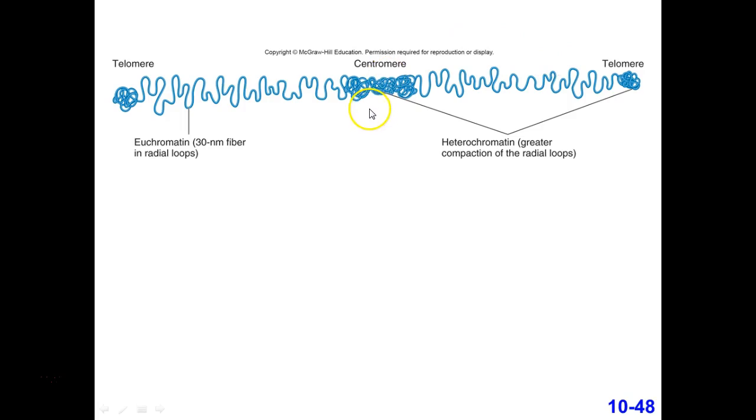And of course, we have specific names on our chromosomes for these regions. You have the centromere, which is key to separating those chromosomes during mitosis and meiosis. And then you have the telomeres. Why do you think those ends are compacted? What did I just say about the compacted regions?